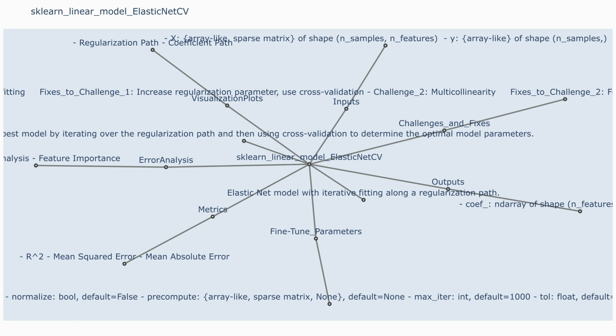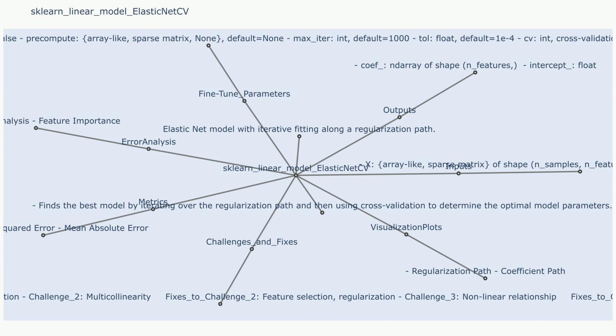sklearn, linear model, ElasticNetCV. ElasticNetCV implements ElasticNet regression with automatic optimal hyperparameter selection using cross-validation. It combines the strengths of both ridge and lasso regression by penalizing both the L1 and L2 norms of the coefficients.